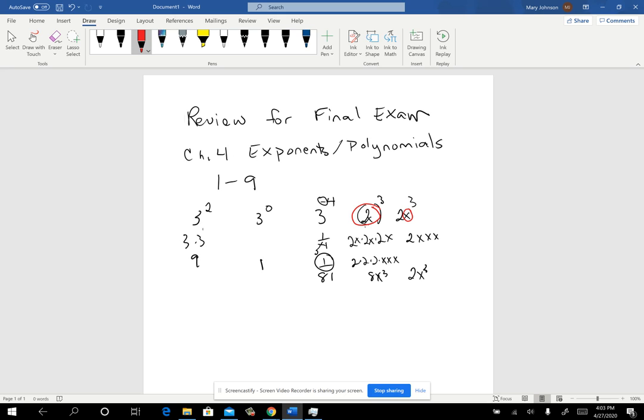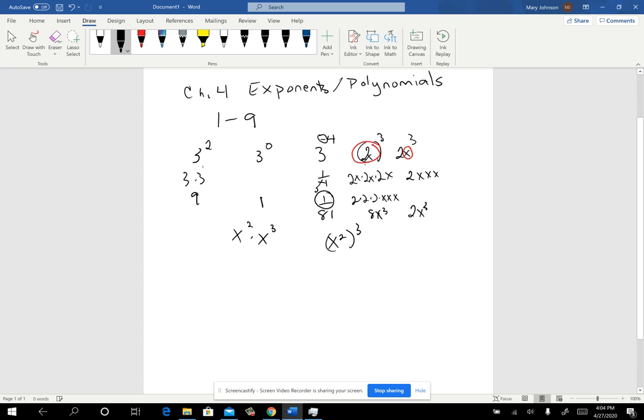Okay, and then one other kind of important thing we learned is the difference between when you're multiplying and when you're raising a power to a power. So when you're multiplying, let me just write that so it's straight. Okay, x squared times x to the third, we would think about it and see that it would really be 5 x's multiplied together.